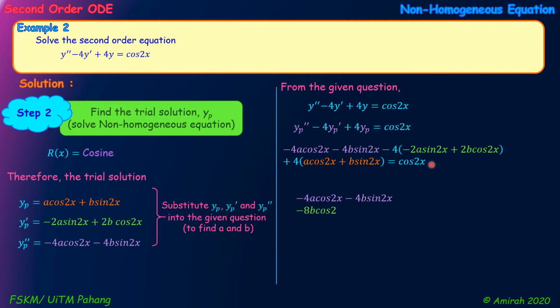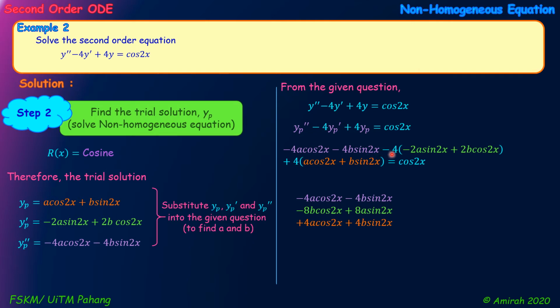And then we simplify, we expand first. We have negative 4a cos 2x minus 4b sine 2x. Then we expand negative 4 in the bracket here. So we get positive 8a sine 2x.